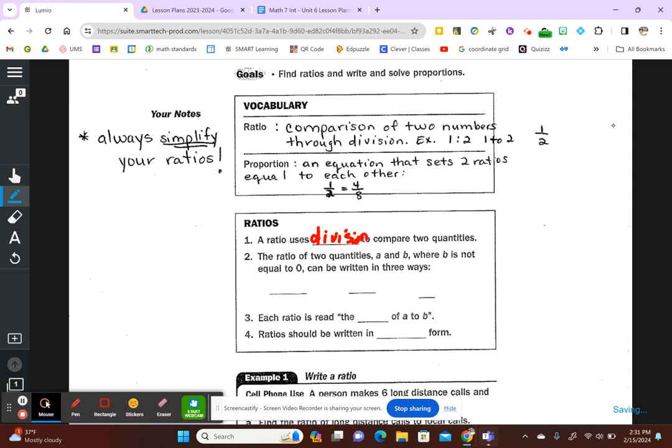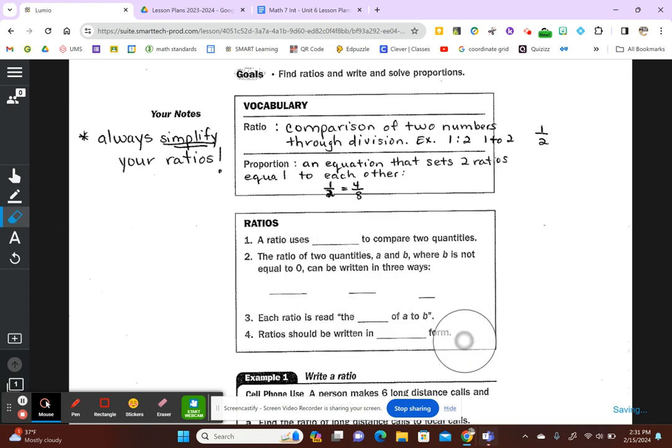The ratio of two quantities A to B, where B is not zero, can be written three ways: A colon B, A to B, and the way we're going to do it in this class, A over B. Each ratio is read "the ratio of A to B," and ratios should be written in simplest form. Okay, always simplify your ratios.